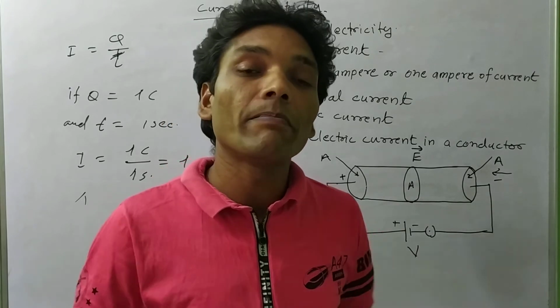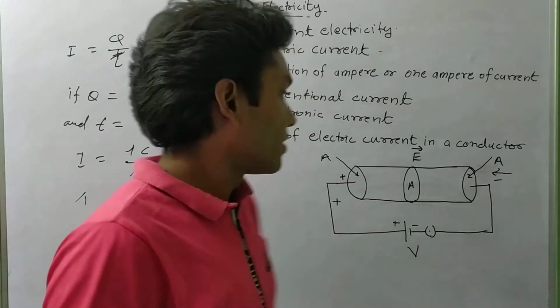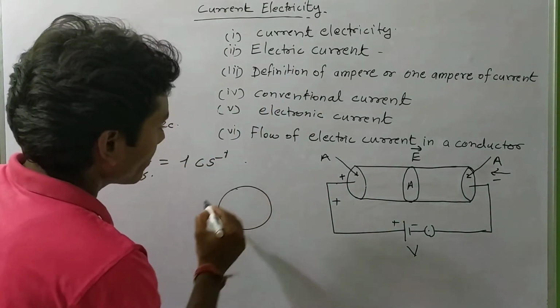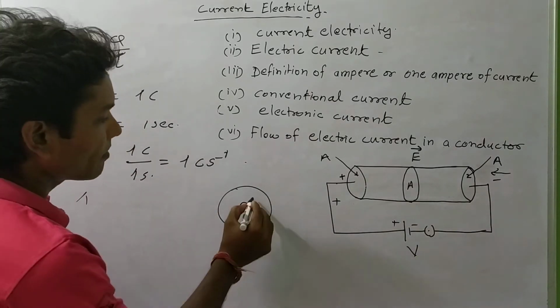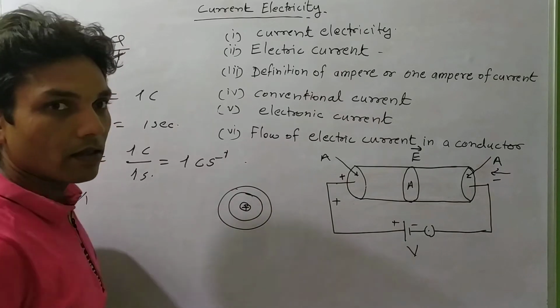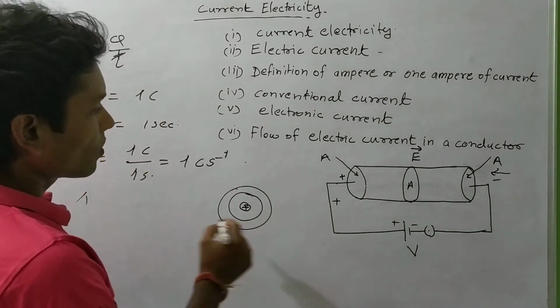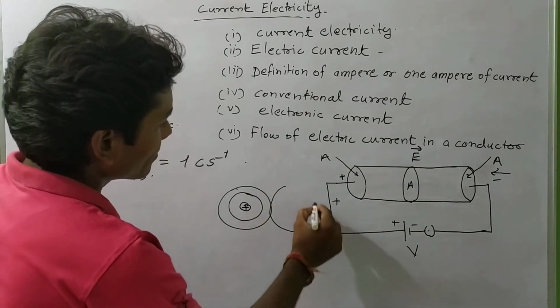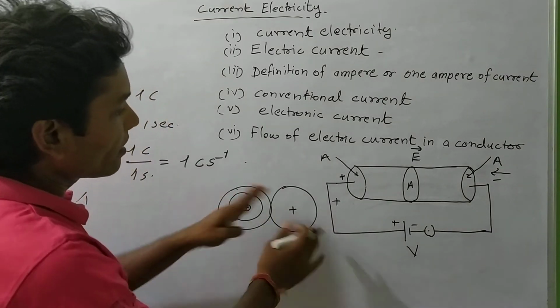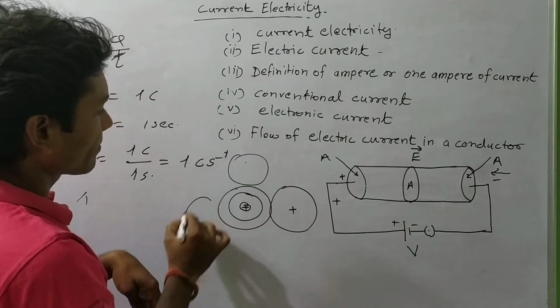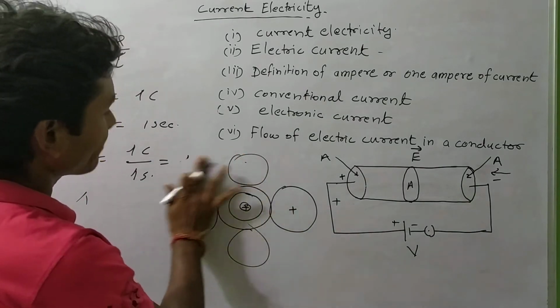You can see here, this is the nucleus of the atom, and these are the orbits. Each atom is very closely packed with other atoms, and so on.